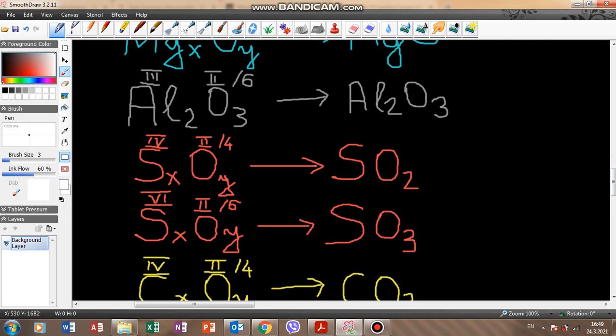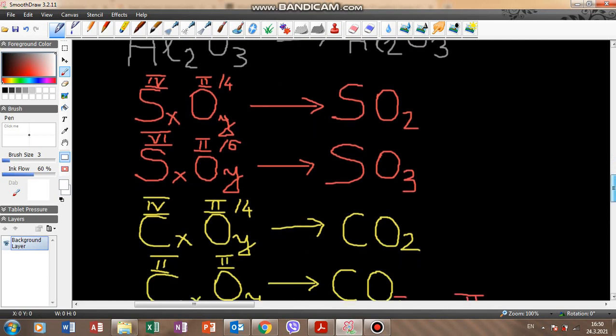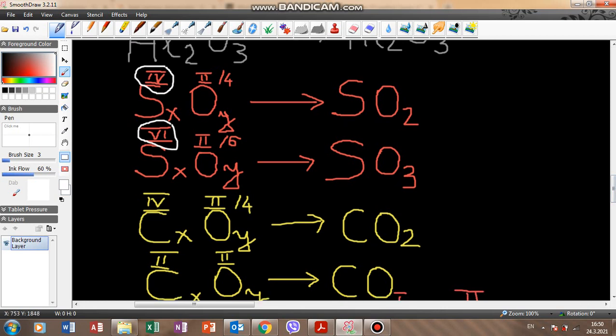Also, here are presented some non-metal oxides, and for a non-metal like sulfur that has more valency numbers, for example, here sulfur has valency number 4, and the formula of sulfur(IV) oxide is SO2, and in the oxide where sulfur has valency number 6, its formula is SO3.